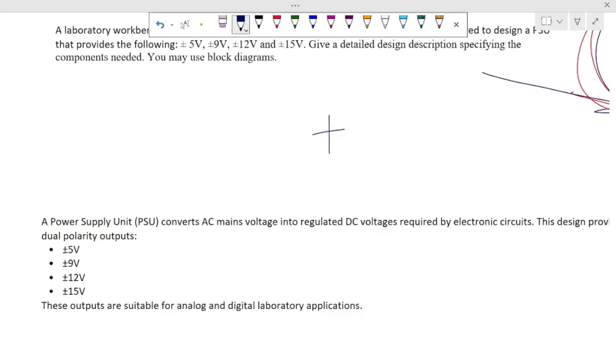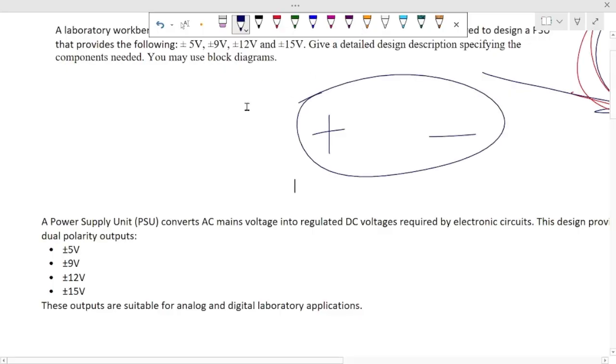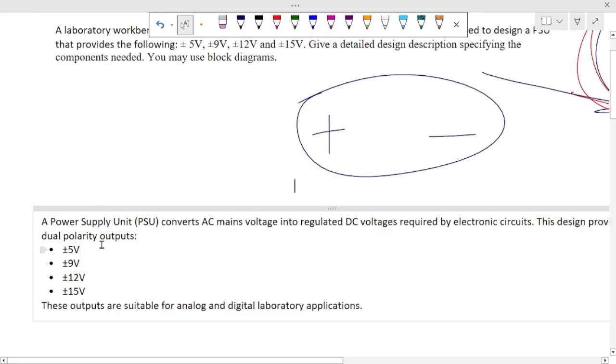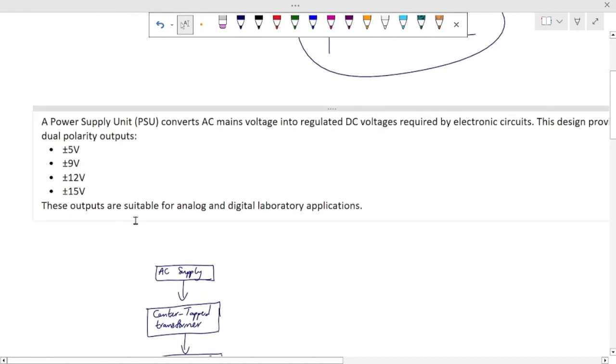This is one polarity, this is another polarity. So dual, that's two polarities, or dual polarity output. So 5, 9, 12, 15, but for the 5 you have positive 5, negative 5. The 9 you have positive 9 and negative 9. Are we following? And so on. So these outputs are suitable for analog and digital laboratory applications.